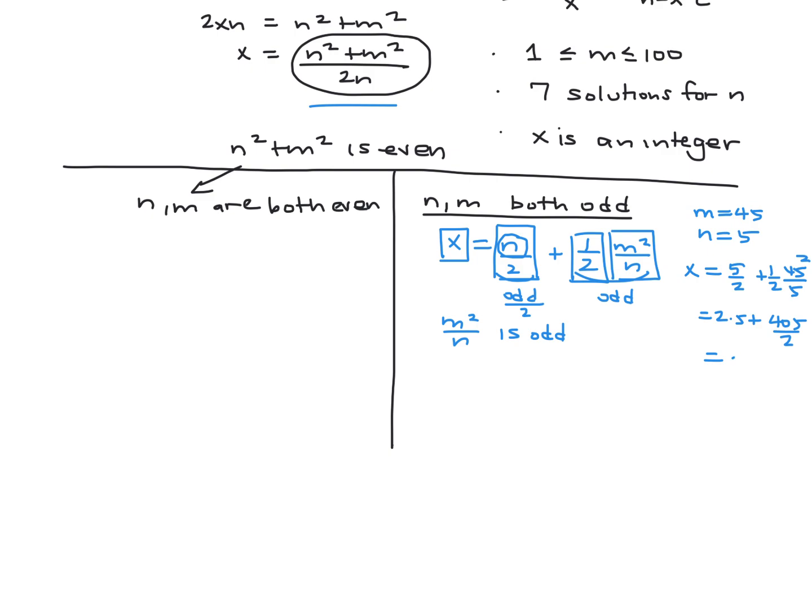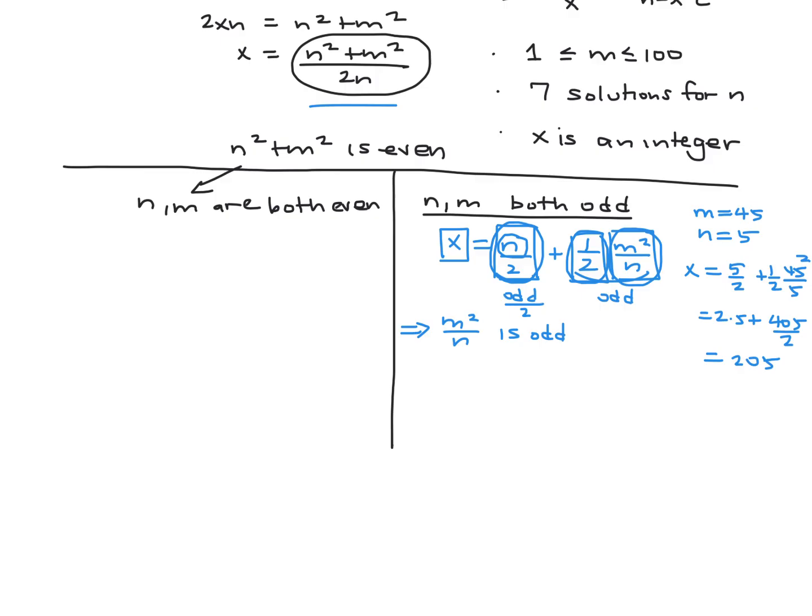So this would become 205. So that's just an example to illustrate that if this is an odd integer divided by 2, and this is already a half, this has to also be an odd integer. So this is correct, that m squared over n has to be odd. Okay, so we got that.